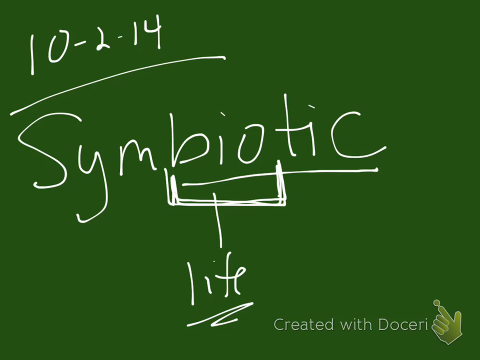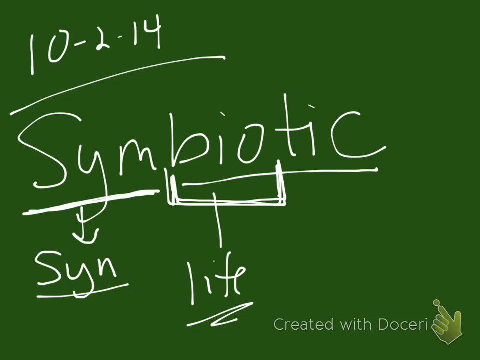So, sim. What's that root come from, or that prefix? Here, so sim is related to the prefix sin, and this is not like sin, like you did something bad. This is sin as in something that's together.